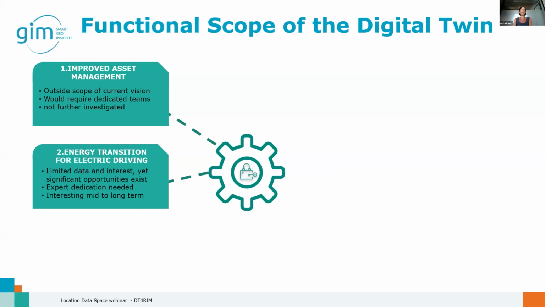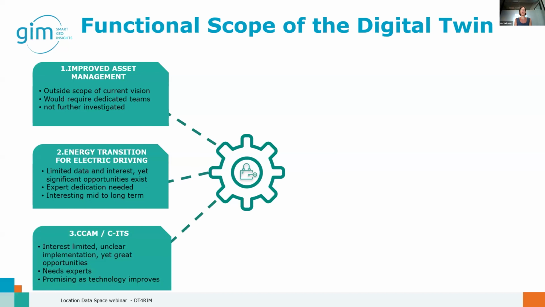Being public is not within the scope for the project partners of this digital twin, but as well, the large amount of alternative tools that are already available for the public can serve this use case. So also here, there can be an interest in the mid or the long term. For the first version, we will not further look into this use case.